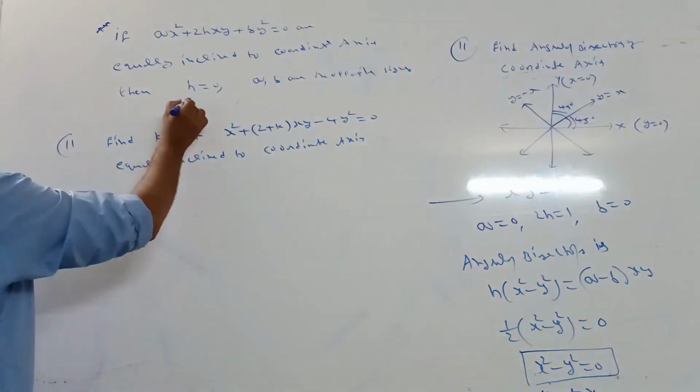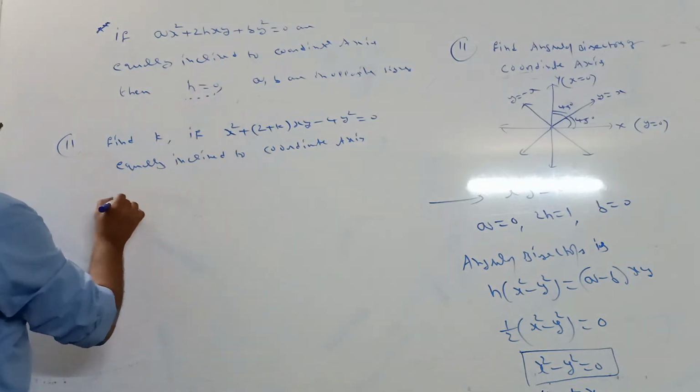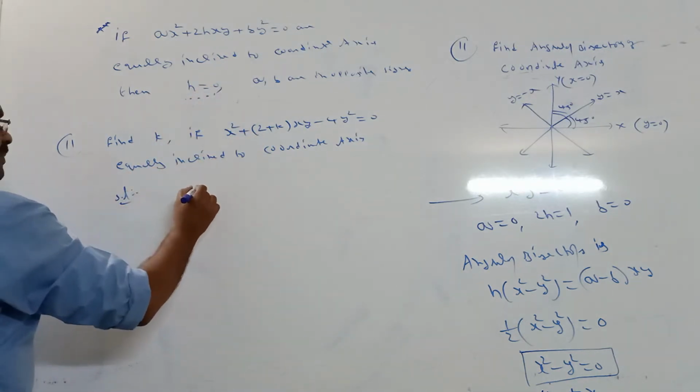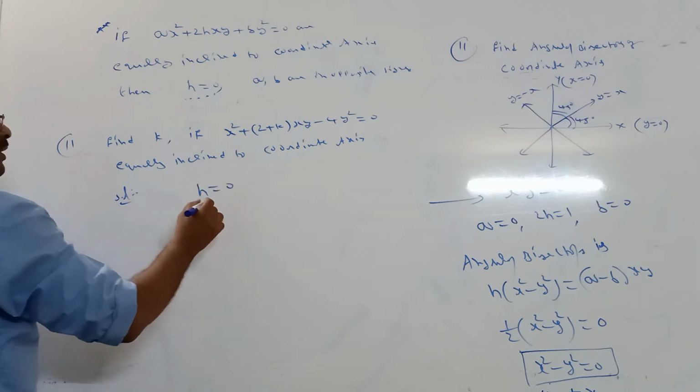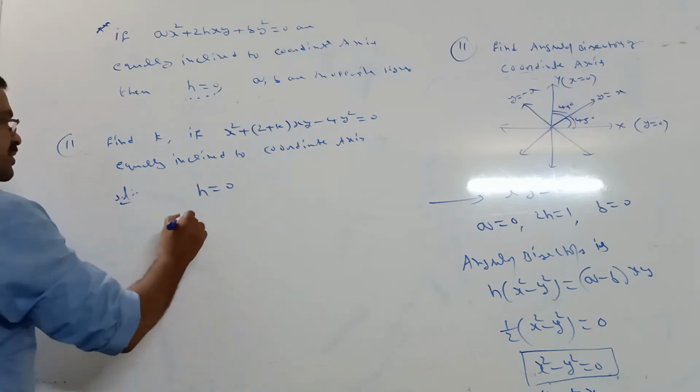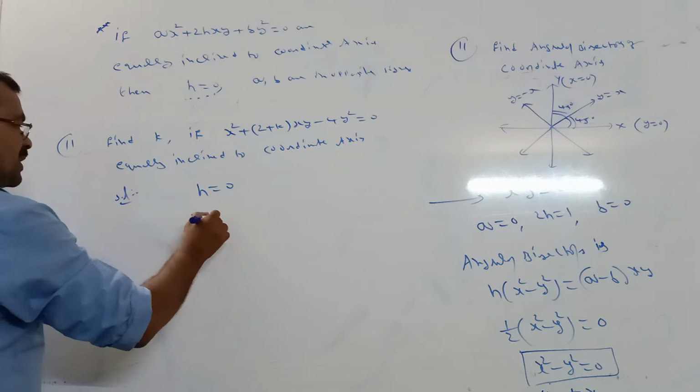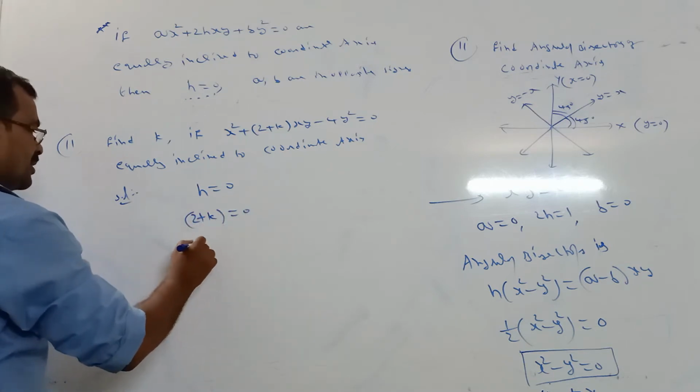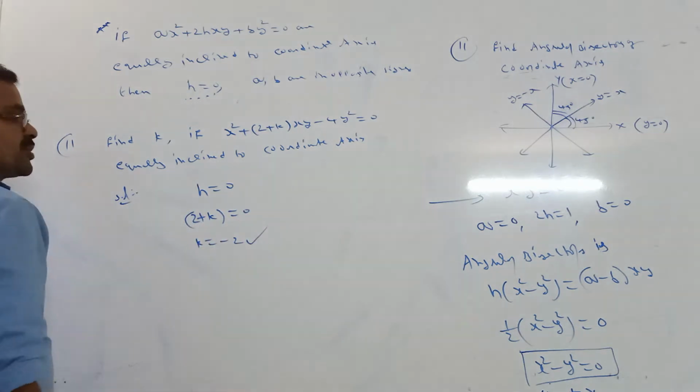So according to this statement, the xy coefficient should be 0. That means 2 plus k equal to 0, k equal to minus 2.